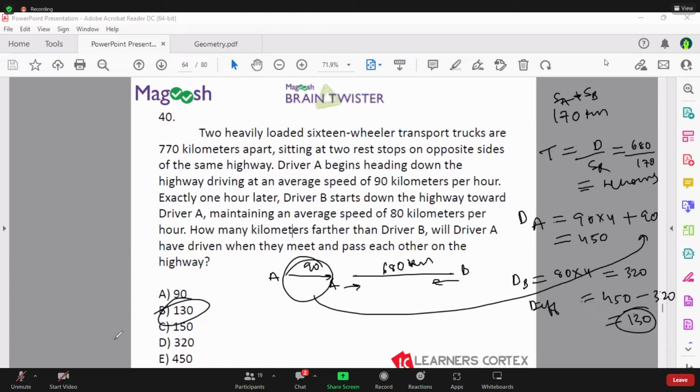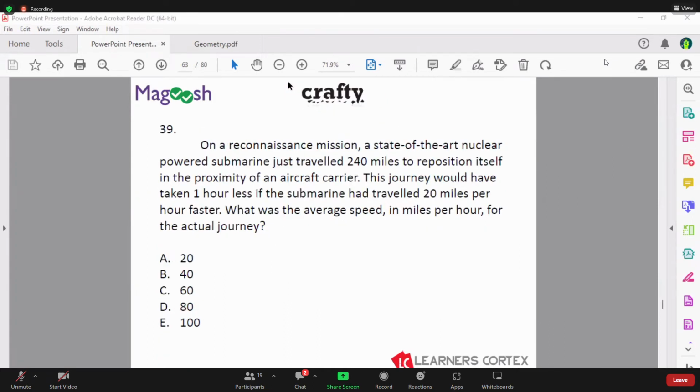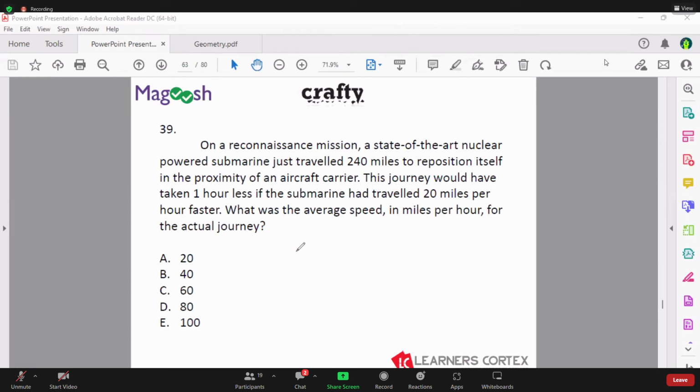So for the 39th question, I had a doubt. Wait a second. Anyone who has not understood this particular question? Okay, yes, Pratyusha. Sir, I had taken the difference in the speeds. So I had calculated by doing 240 by t minus 240 by t plus 1 equals to 20.